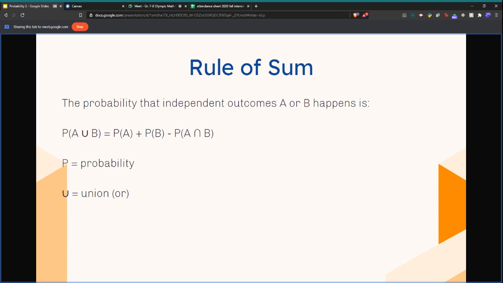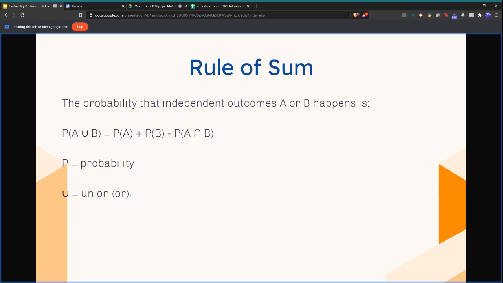The rule of sum. We also learned this in our first combinatorics lesson, but it also applies to probability. So here, we're looking at A and B again, but not A and B, but A or B. So the probability that A or B happens is this. We have the probability of A union B. This U right here stands for union, or in English terms, or.